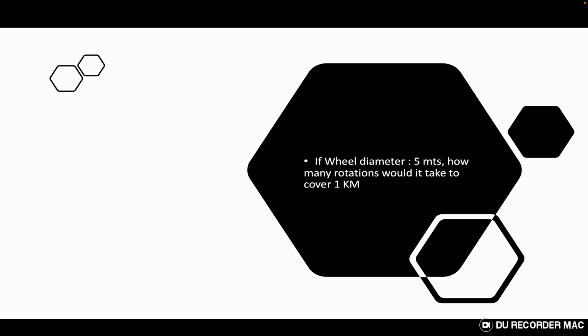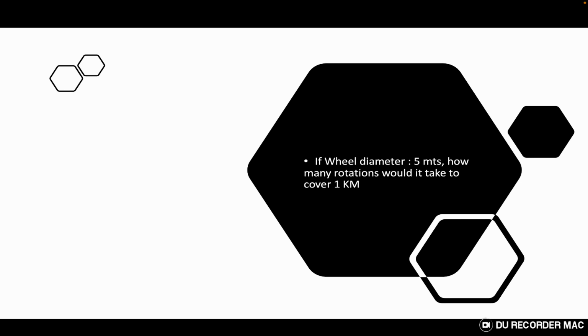So in our case, let's leave the maths apart, and say from a crude manner, if you want to calculate that distance, one way is you can keep rotating and keep counting, which is not practical, right?